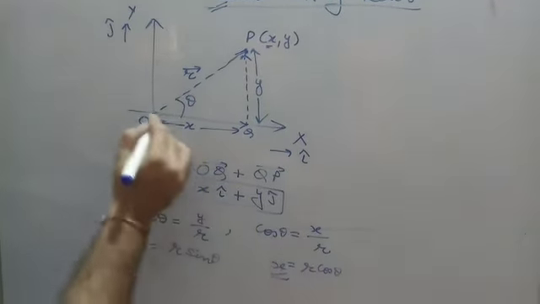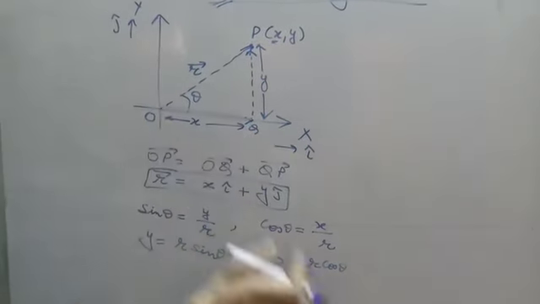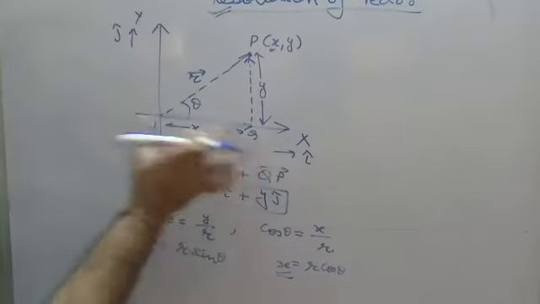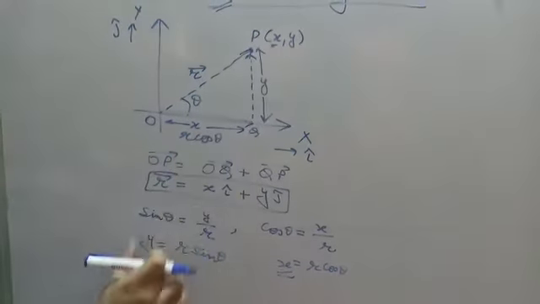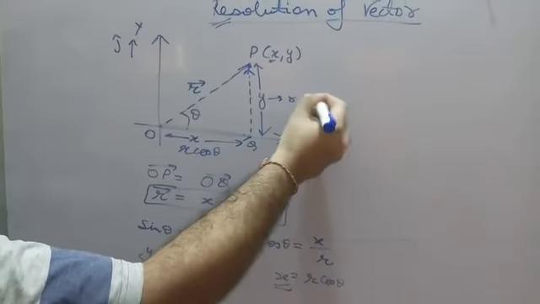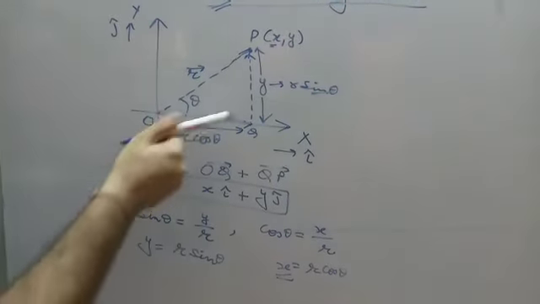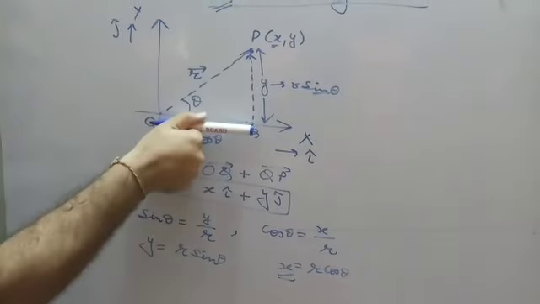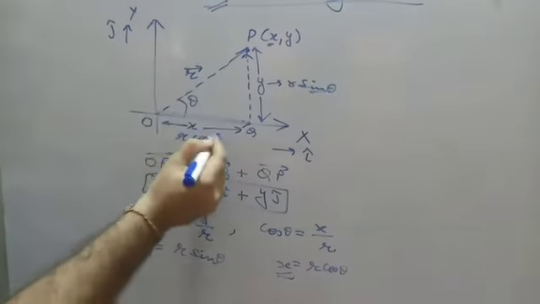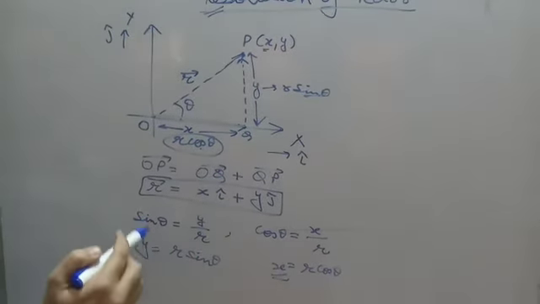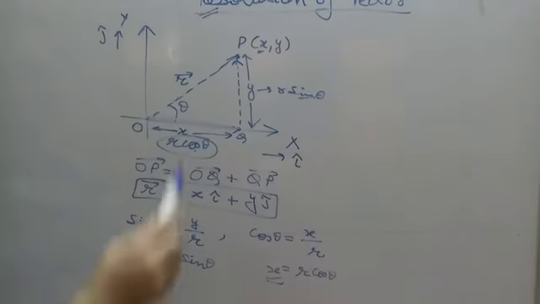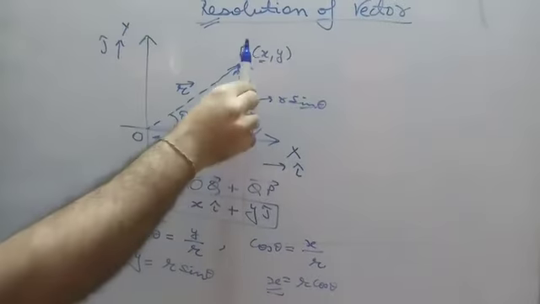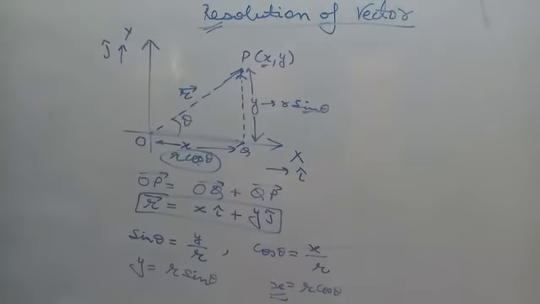So this x is the horizontal component, which is r cos theta, and y is the vertical component, which is r sine theta. So you can see the line corresponding to this r vector, we take it as r cos theta, the horizontal component, and the opposite we take as r sine theta. This is how we resolve a vector in two components, horizontal and vertical.